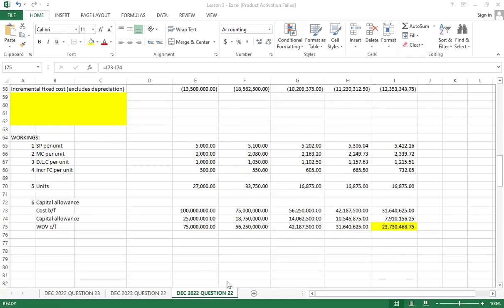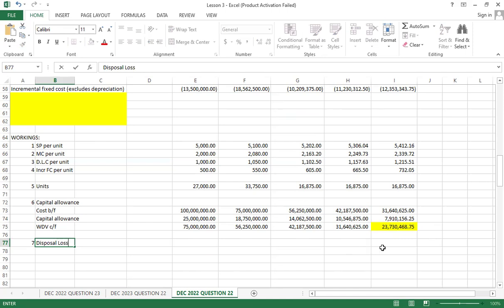So the next thing to compute as working number 7 is then the disposal loss. Remember in accounting, when you sell an asset, you call that disposal. So we are looking for the disposal loss.